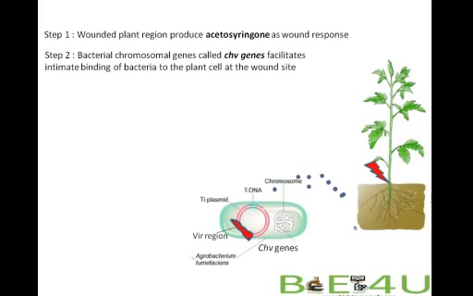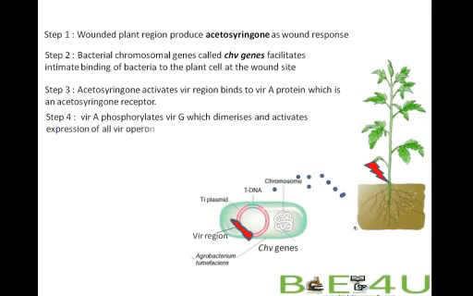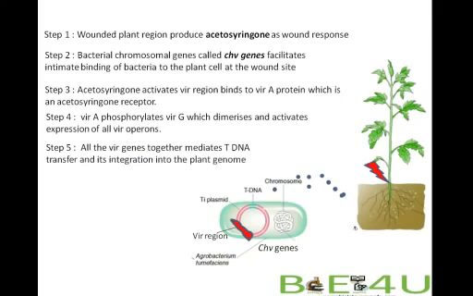Now acetosyringone activates the vir region. It binds to the VirA protein, which is a receptor. VirA phosphorylates VirG, another vir operon, which dimerizes and activates expression of all vir operons. All the vir genes together mediate successful tDNA transfer and its integration into the plant genome.